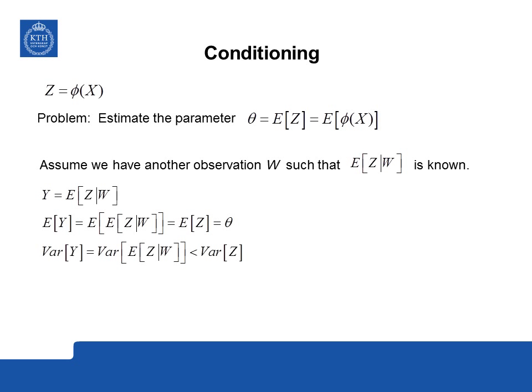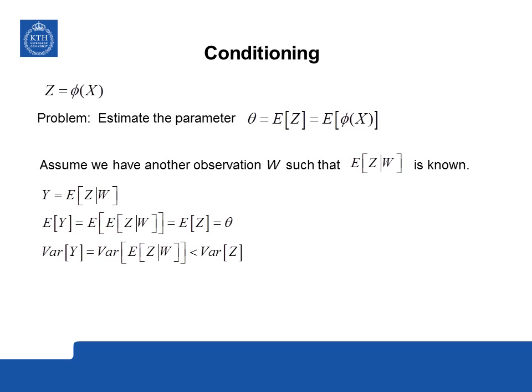Using that, we can show that if we just call this conditional expectation y, note that y is a random variable since w is a random variable. We can compute the expectation of y, and if we take the expectation, we simply get theta.